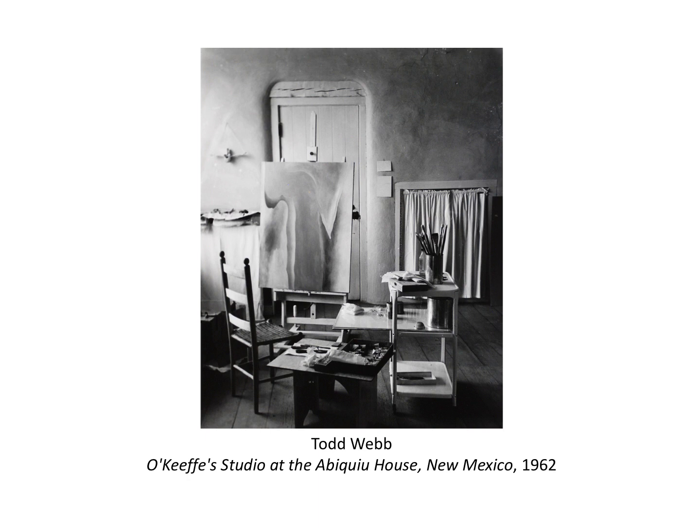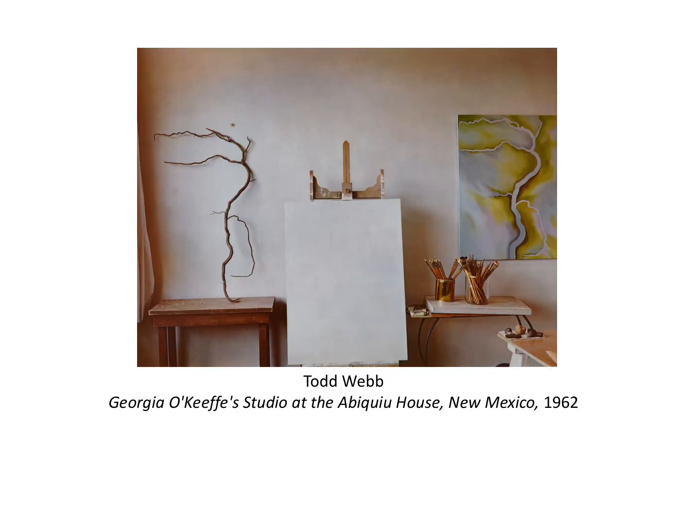And this is interesting. This is O'Keeffe's studio in 1962 in black and white, of course. And there's this studio image in color, and it takes on a very different character.